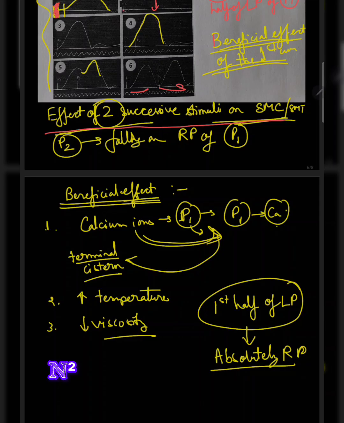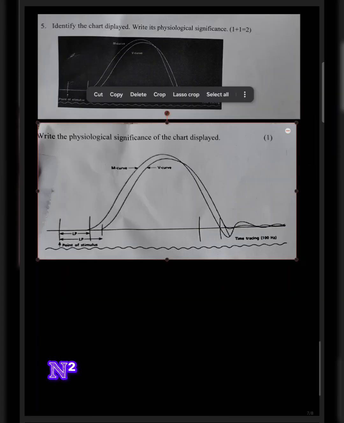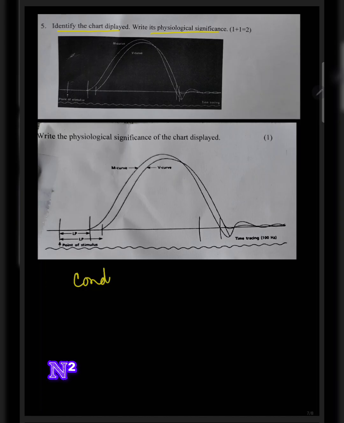So the next question for our discussion is: identify the chart and write the physiological significance. This is a curve which is showing you the conduction velocity of nerve impulse in a frog sciatic nerve.